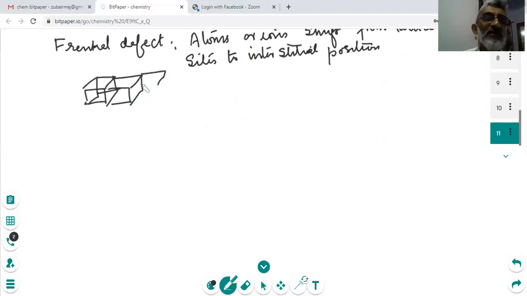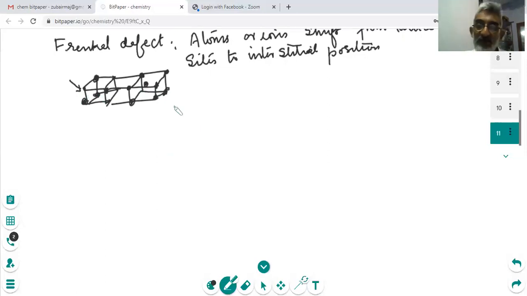But suppose one of the motifs is missing from one of the corners, say, for example, here it is missing, and that atom is coming and occupying the central portion in between the planes.